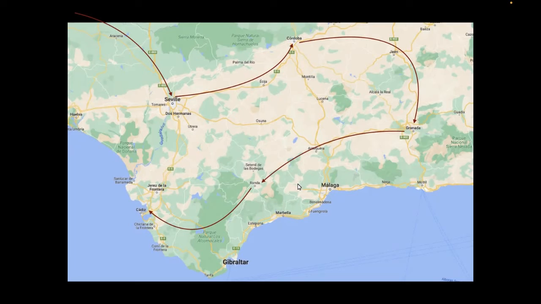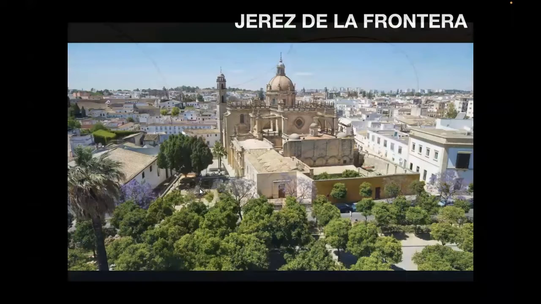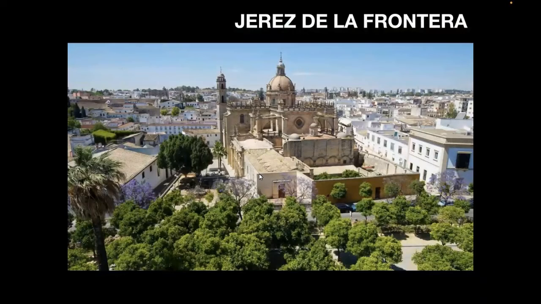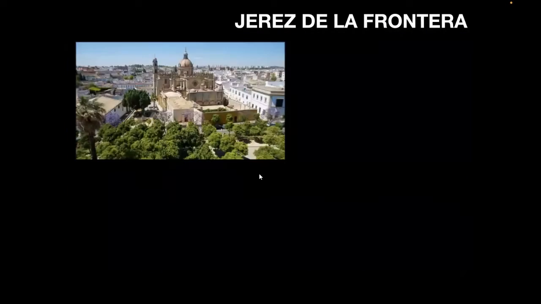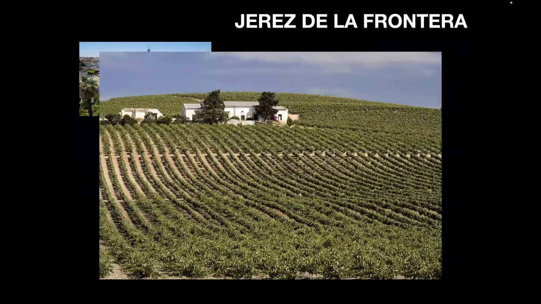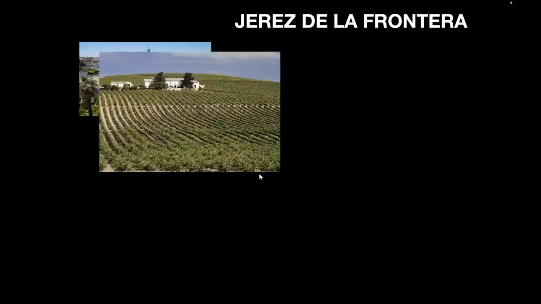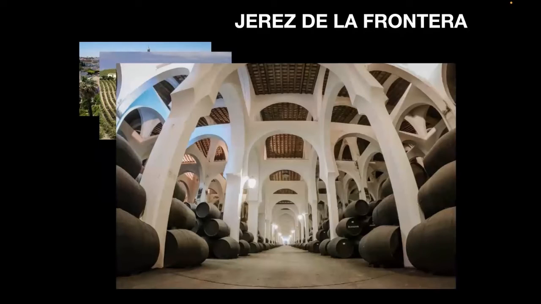We will drive back to Seville, but of course, visiting another important location, Jerez de la Frontera, on the way. Now, this is a very pleasant town. Again, another wine region, local wineries. So we will visit another winery here.